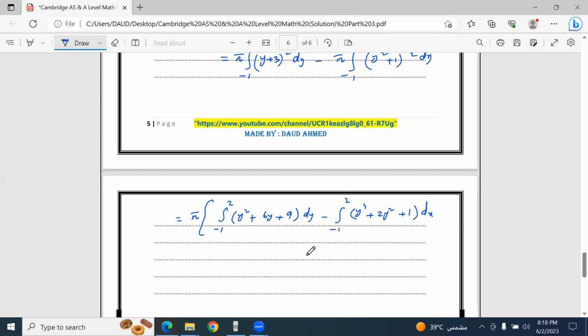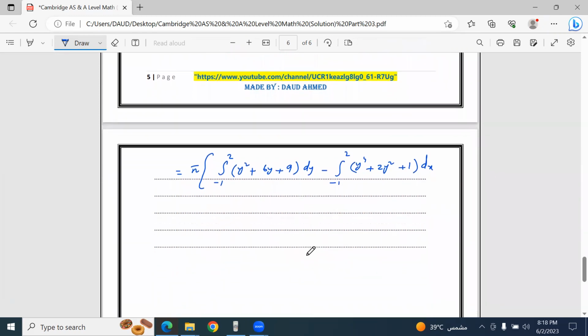Now we will apply integration with respect to y. So y power 3 over 3, adding one to the power and dividing by it, plus 6y square over 2, plus 9y, and minus.